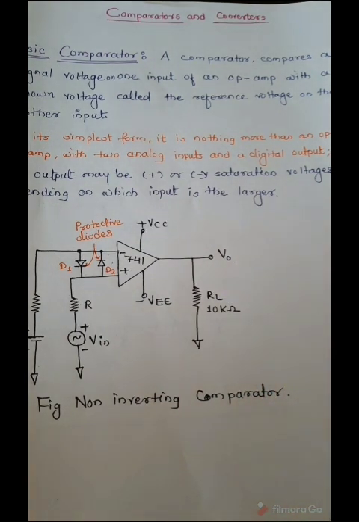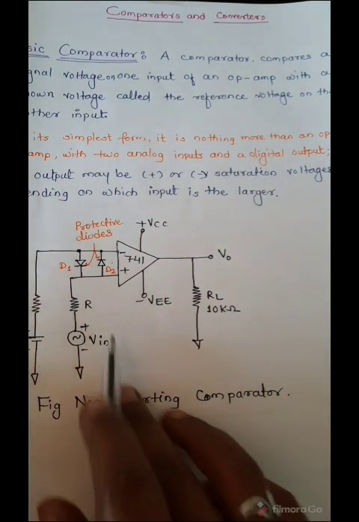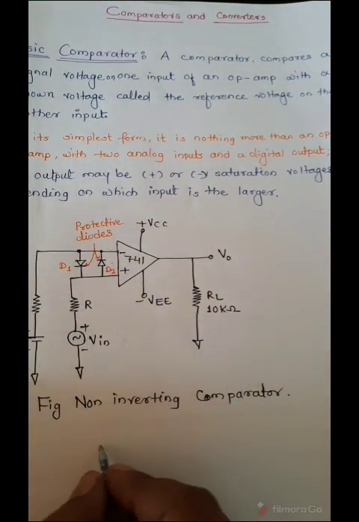That is, we can say here, comparator is a type of analog to digital converter circuit. So at any given time, the V0 waveform shows whether Vin is less than or greater than the reference voltage.